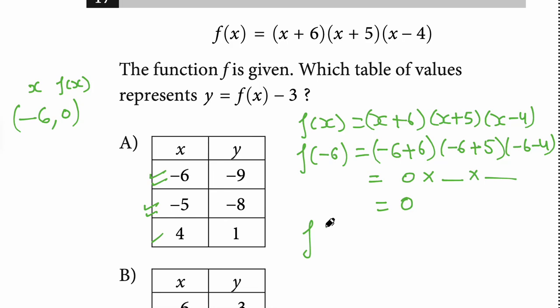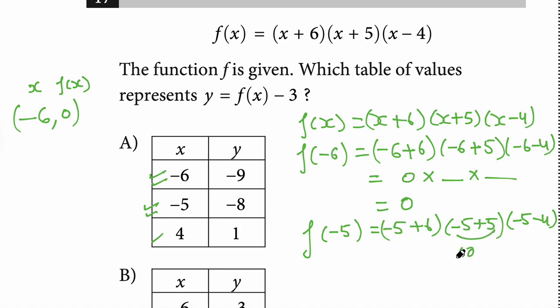If I take the other one, negative 5, it is equal to negative 5 plus 6, negative 5 plus 5, negative 5 minus 4. Now here it is 0. So whatever the numbers are, my answer is going to be 0. So negative 5 and 0.